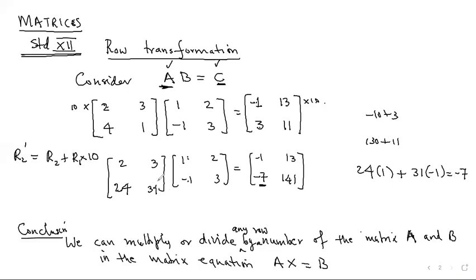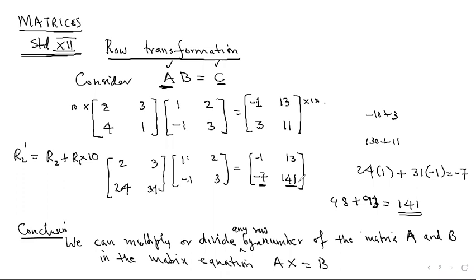Yes, sir. Same way, 24 into 2, 48. 31 into 3, 93. So is it 141? Am I getting the same answer? Yes. So what have you learned by this particular example?